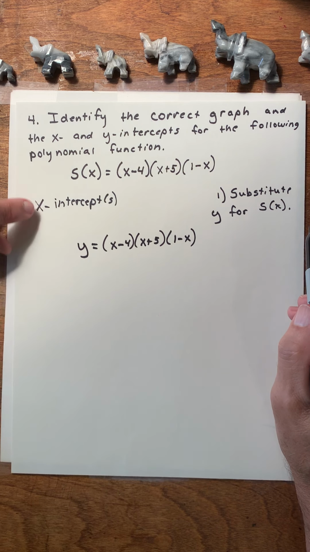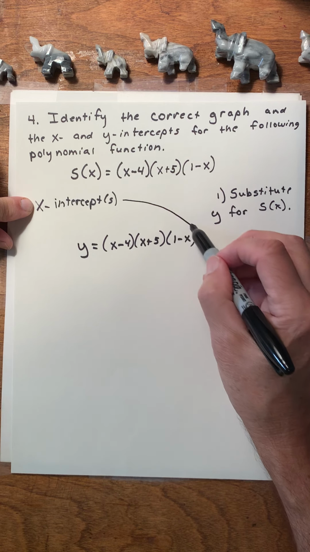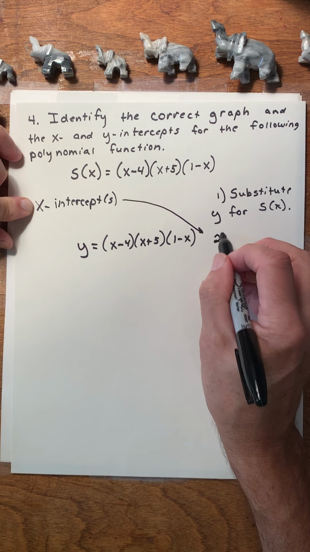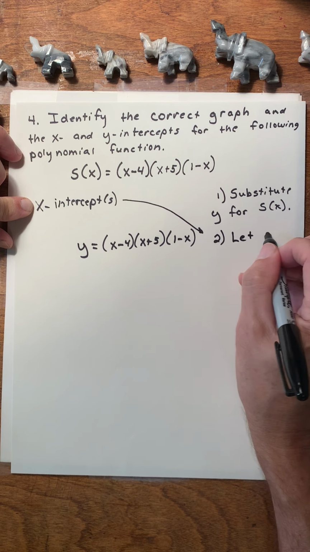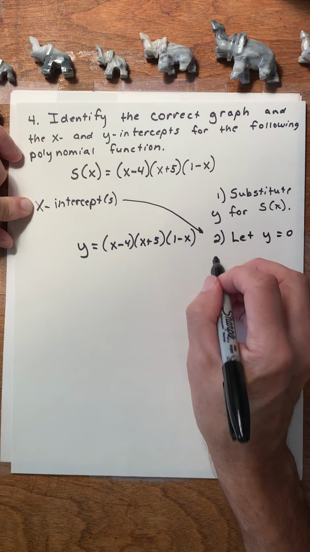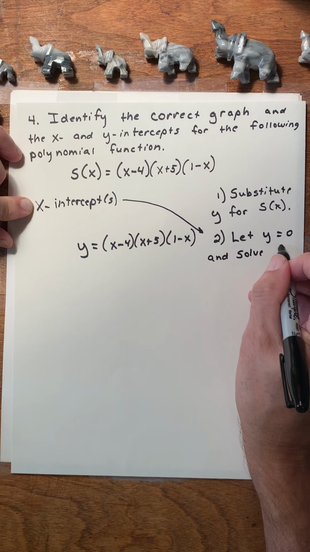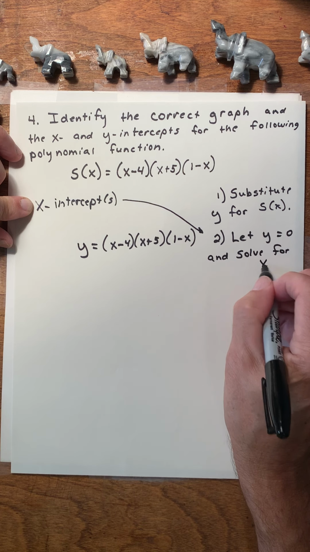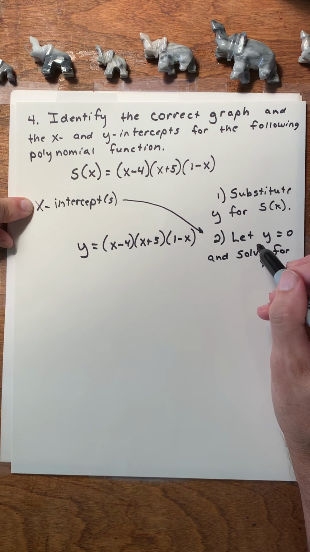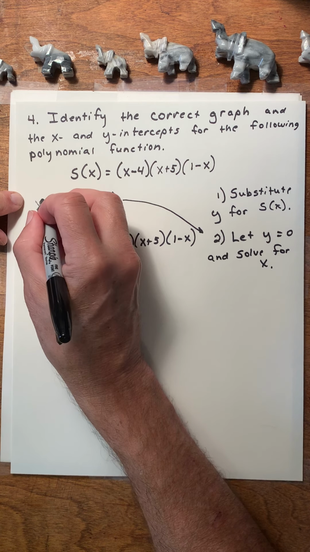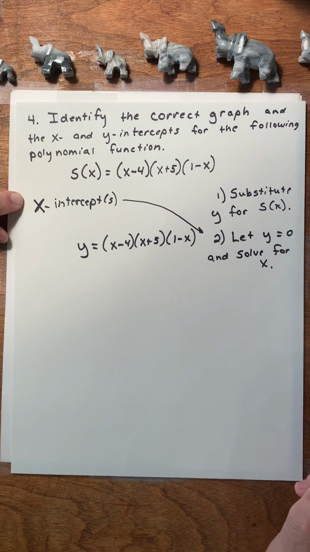Okay. Now how do you find an x-intercept? To find an x-intercept, you let y equal 0 and solve for x. Every time you want to find x-intercept or intercepts, you let y equal 0 and solve for x.